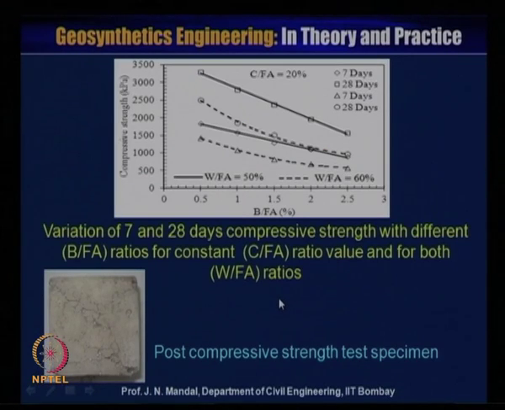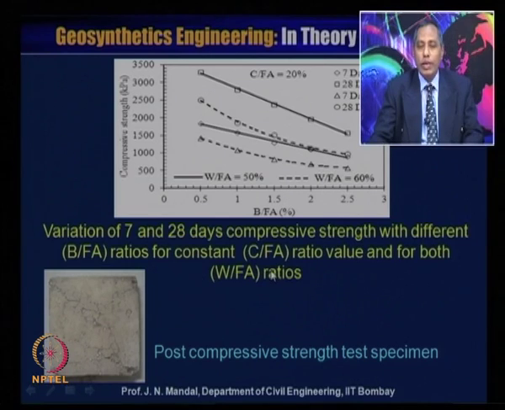Now, this is the variation of 7 and 28 days compressive strength with different beads to fly ash ratio, for constant cement to fly ash ratio and for both water to fly ash ratios. Here it is mentioned for 7 days and 28 days. This dotted line is 7 days. This is the relationship between the beads to fly ash ratio and compressive strength, and the water to fly ash ratio of 60% is the dotted line.